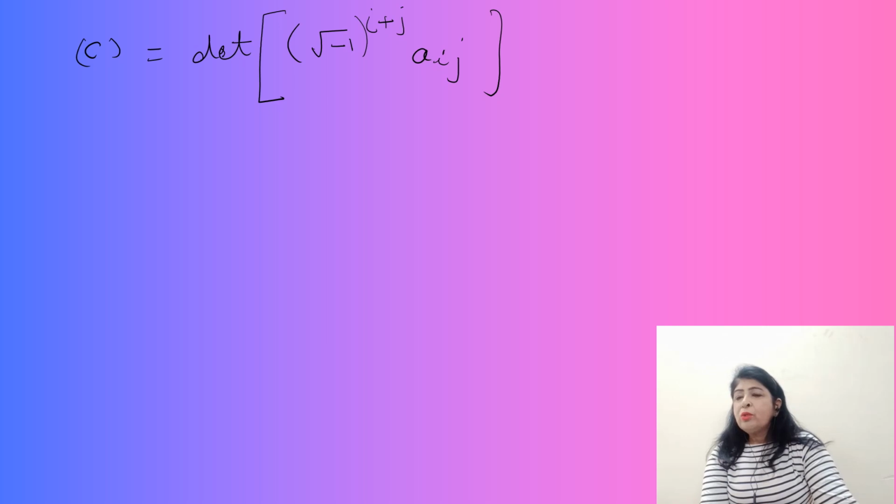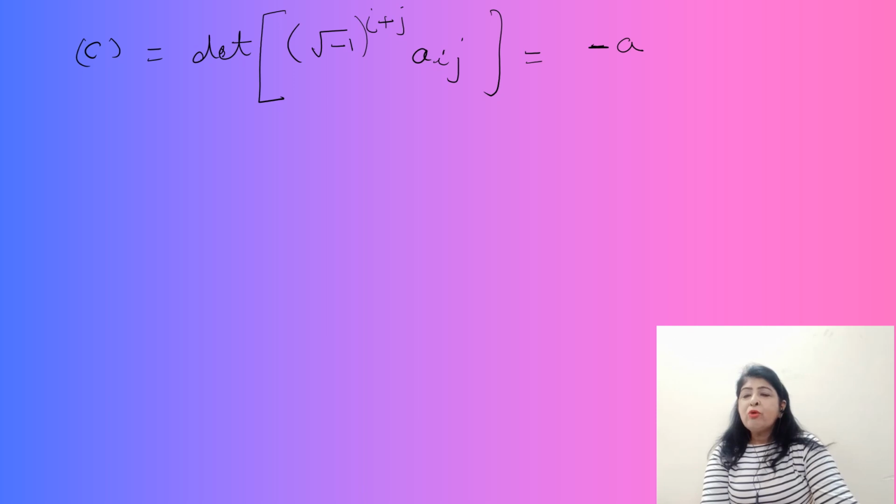Clear? So let us take i as 1, j as 1. Minus root of minus 1 is iota, so iota raised to power 2, which is minus 1, so it will be minus a.